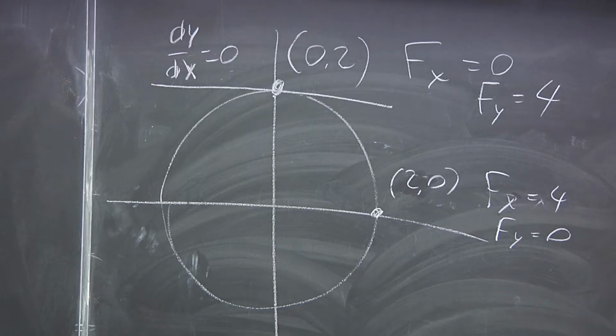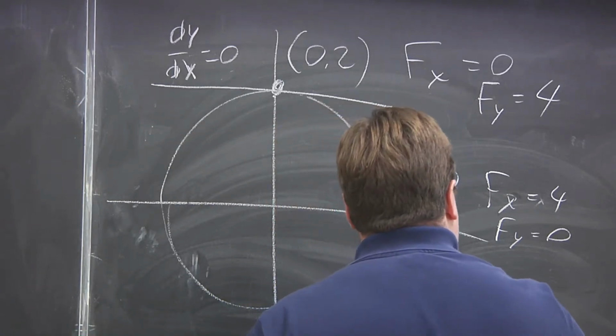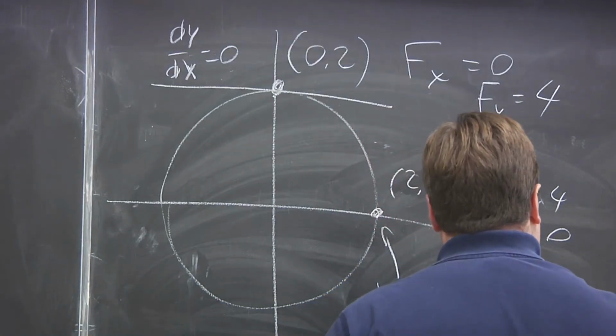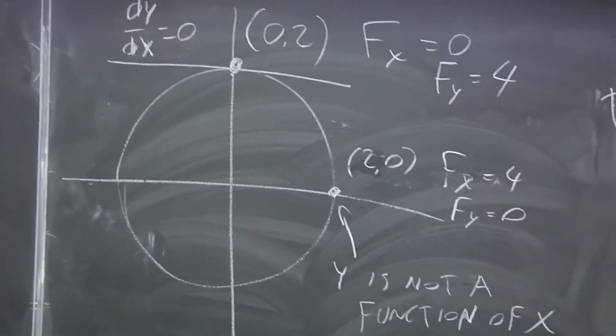We don't have a dy/dx at that point. So around here, y is not a function of x. The conditions of the implicit function theorem don't hold.